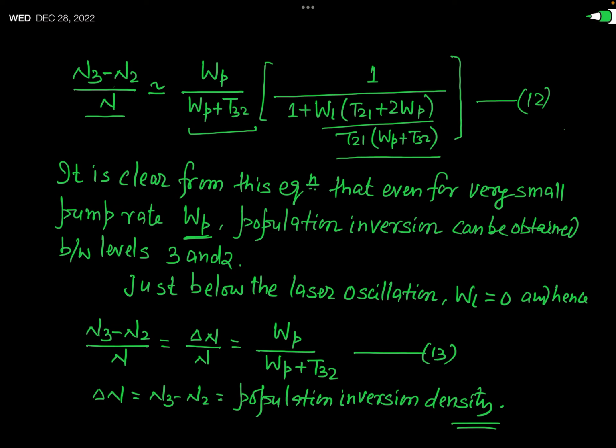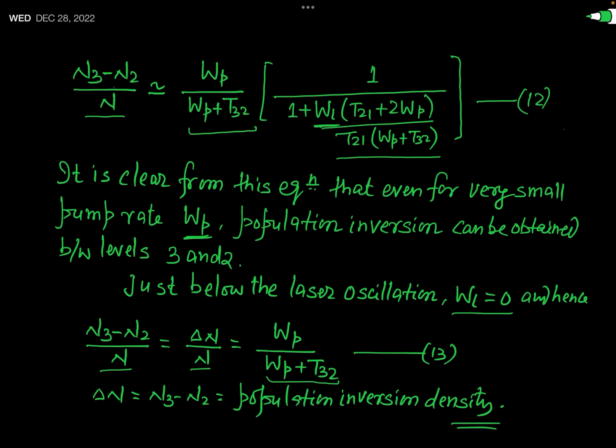Now, just below the laser oscillation, this WL is equal to 0. If you consider WL equal to 0, the term inside this square bracket will be simply equal to 1. In that condition, N3 minus N2 divided by N, which I have written here as delta N by N, will be simply equal to WP by WP plus T32.